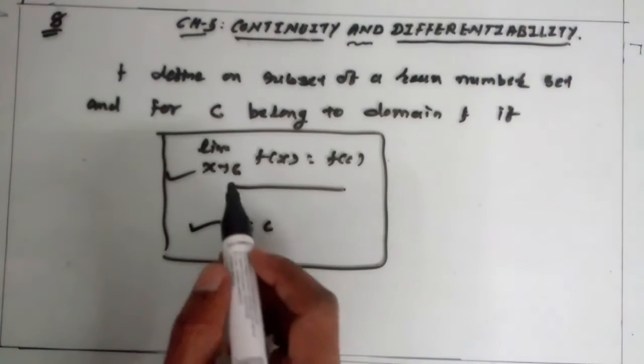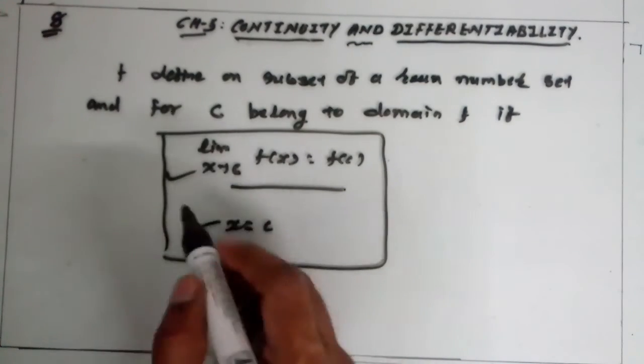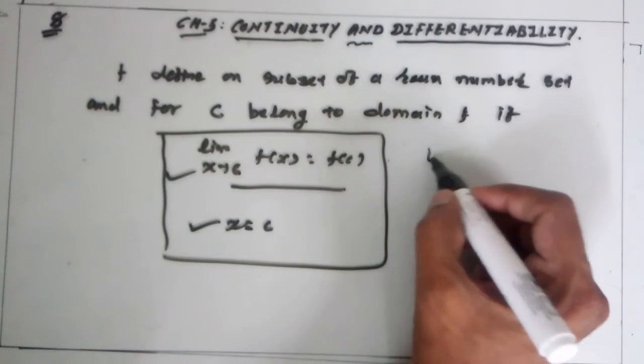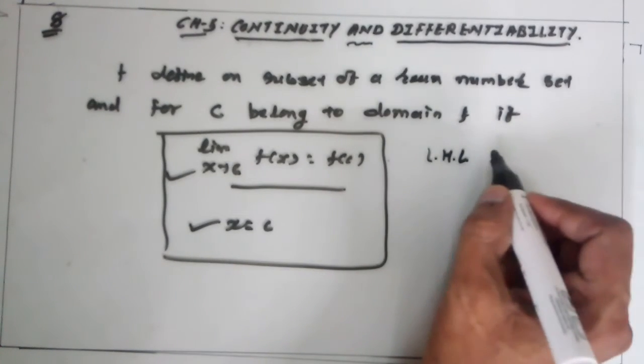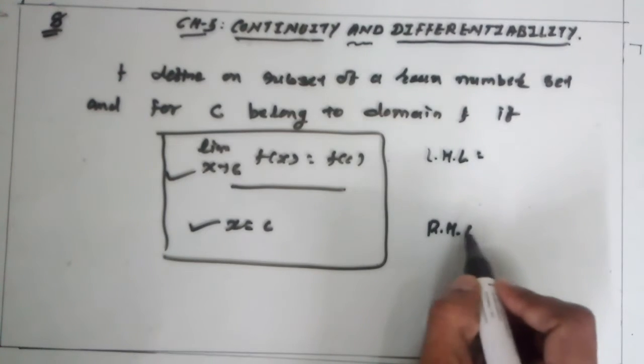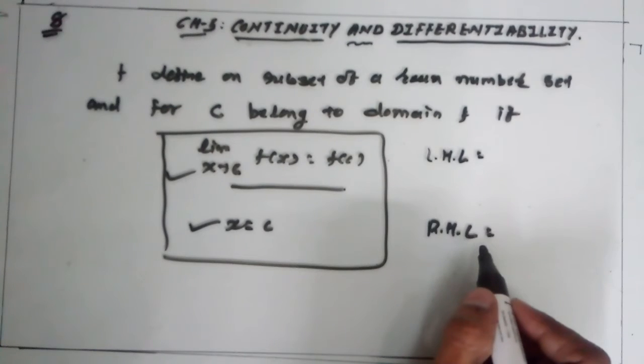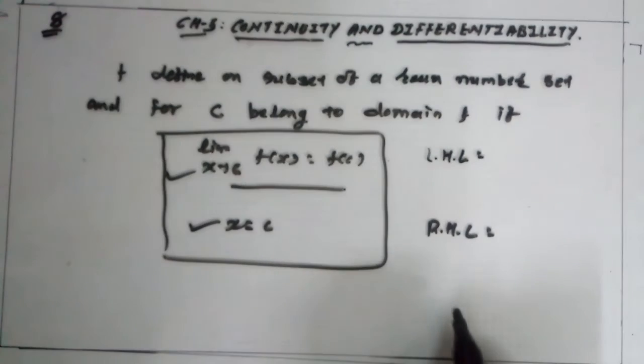When we say that limit x tends to c, f(x) is equal to f(c), it means the left hand limit is equal to the right hand limit, both equal, and equal to f of c.